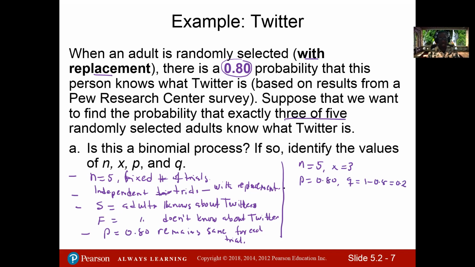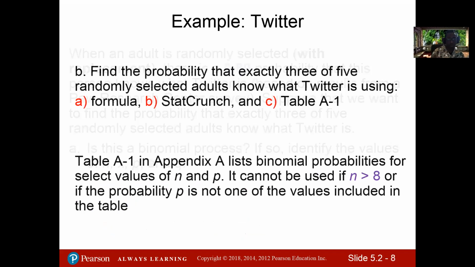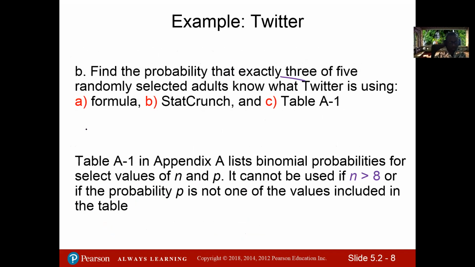With this, we should be able to use the formula, the StatCrunch, and the table. I'm going to show you in the next given these values. We want to find the probability that exactly three. In this question, first we'll use the formula, then StatCrunch, and then the table.